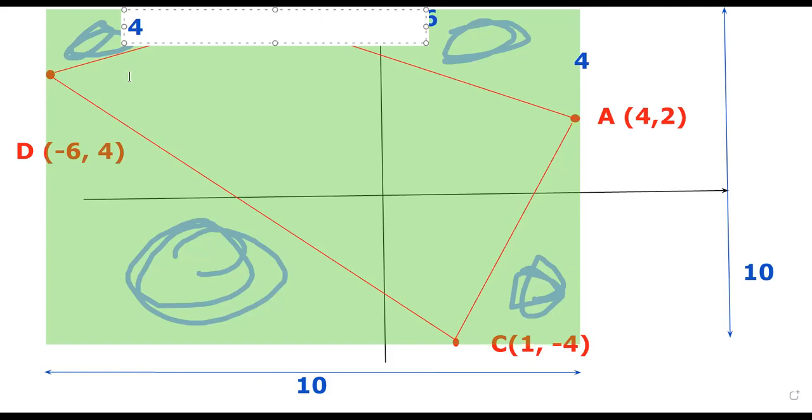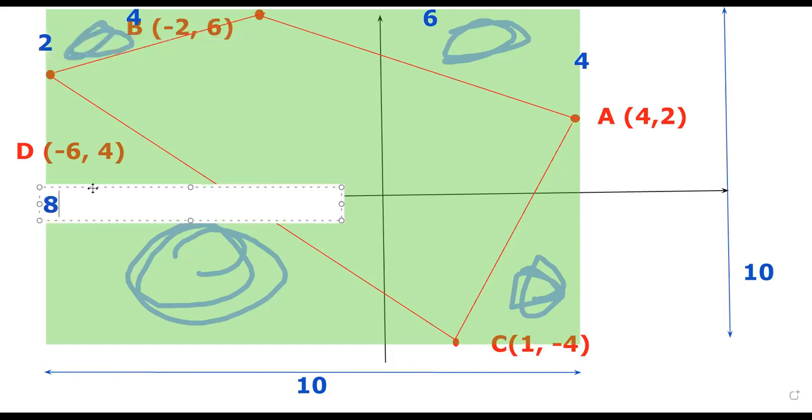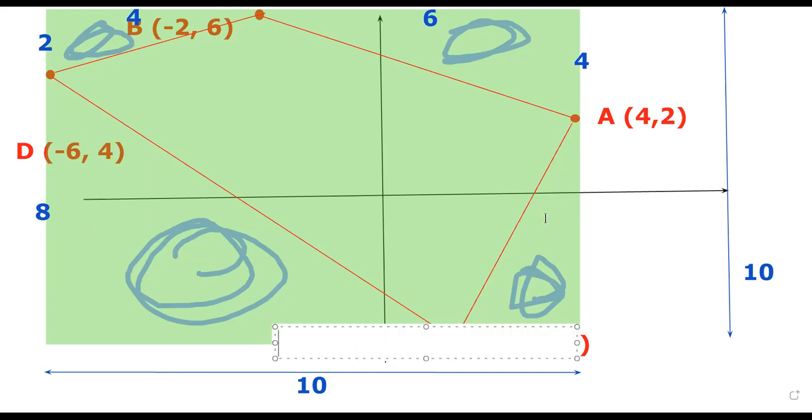Now we can fill up all the lengths one by one. It goes from -6 to 6 to 4, so this is 2, and this one is 8. Then from -6 to 1, so it will be equal to 7.